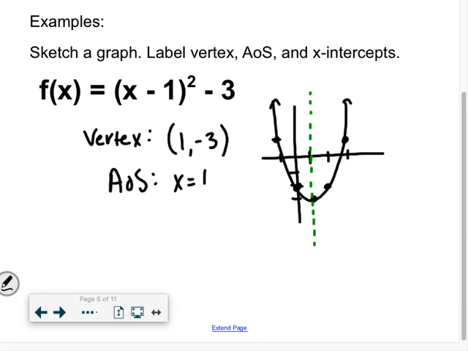So we're going to set f of x equal to 0. Also on your homework, if you decide that there is no x-intercept, then just write none. Don't do any work, right? If your picture doesn't look like it's going to cross the x-axis, I don't expect you to find them if they're imaginary. Add 3 to both sides.